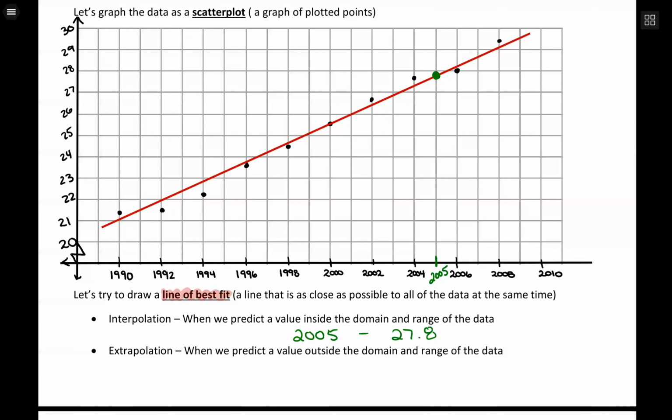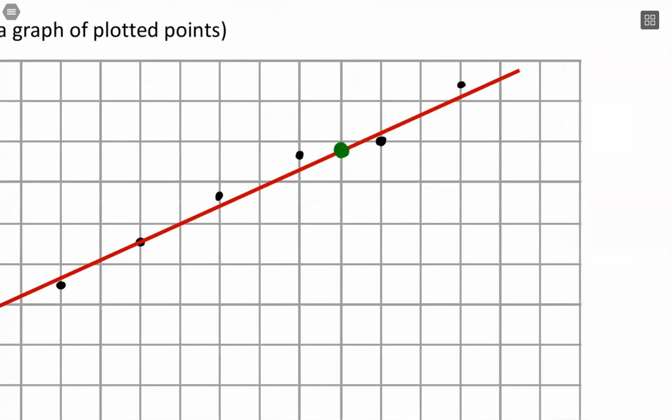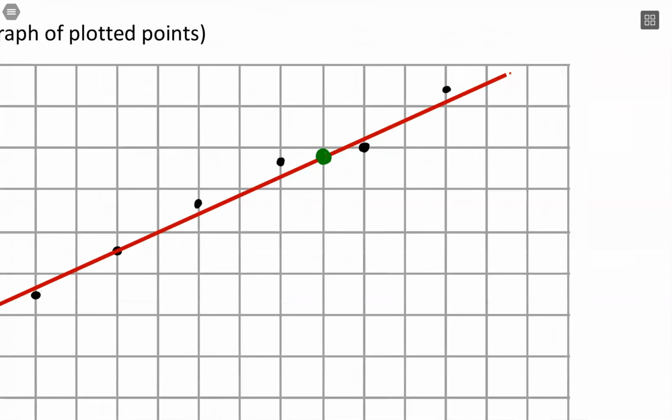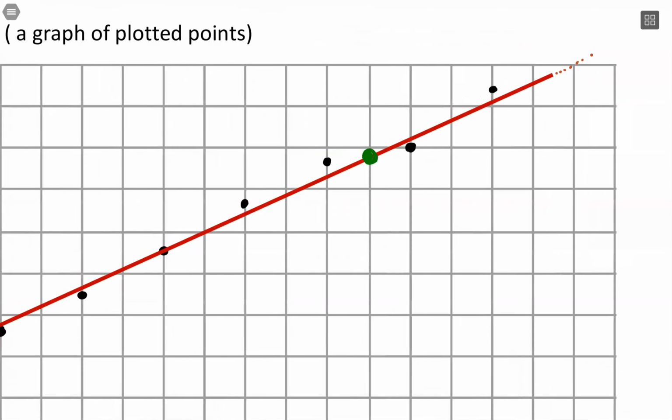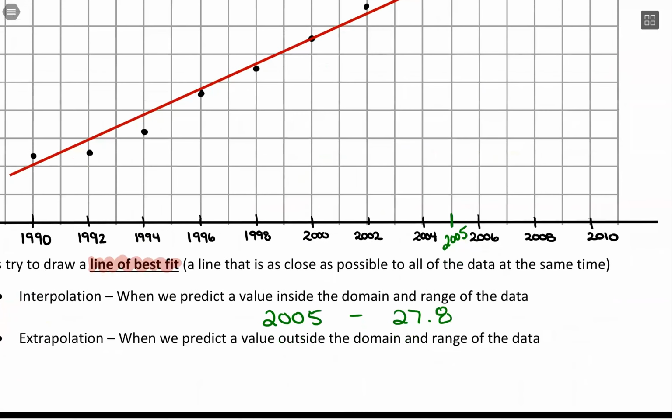So if I use this line, because we could keep graphing it, I could expand my axes and estimate what would happen in 2010 if I continued that line. So maybe that would be 30, 30% of people were college graduates.